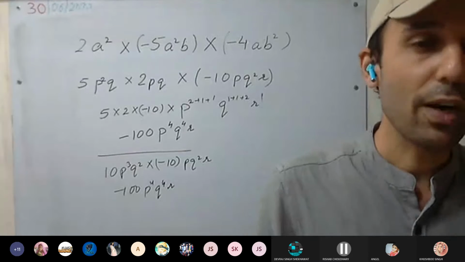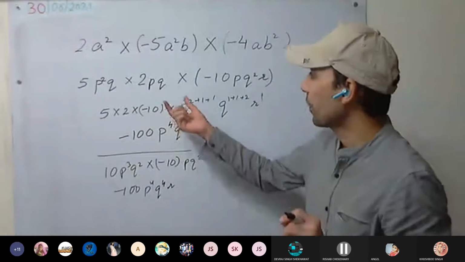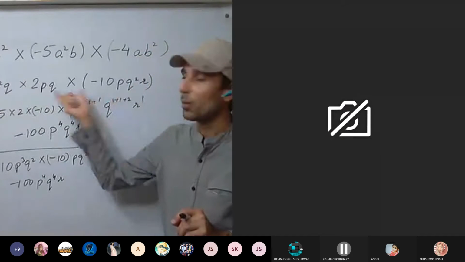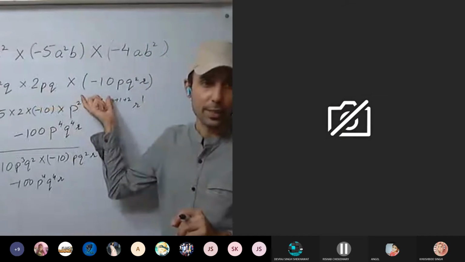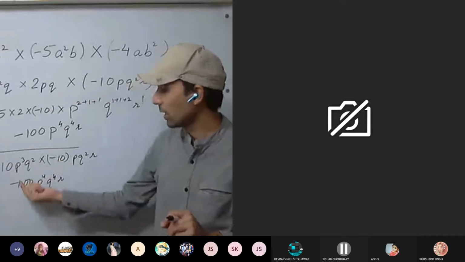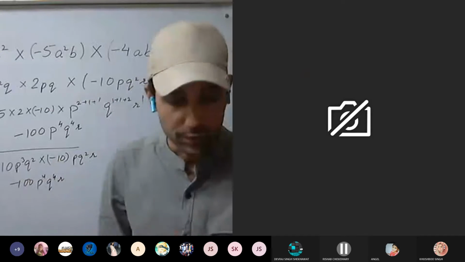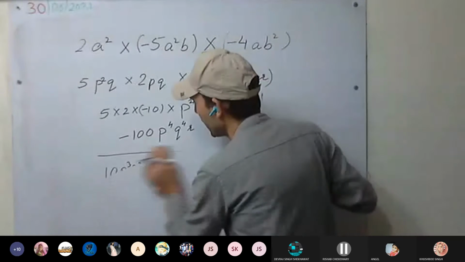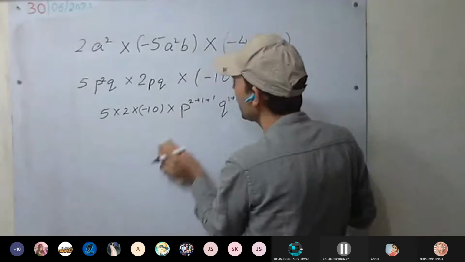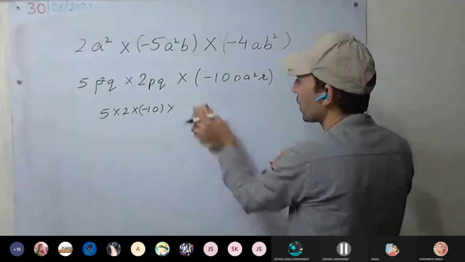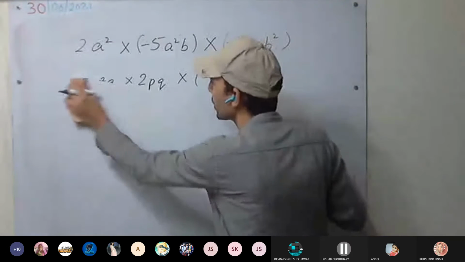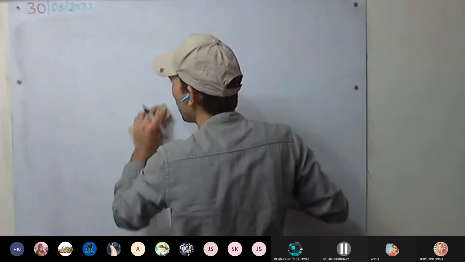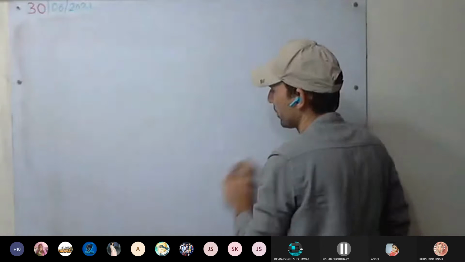So till now, what we have discussed, we have multiplied monomials by monomials. Yes or no? And we have got the answer as a monomial as well. Monomial means one term only. Now we are going to multiply a binomial by a monomial or a monomial by a binomial. So binomial means how many terms will be there?